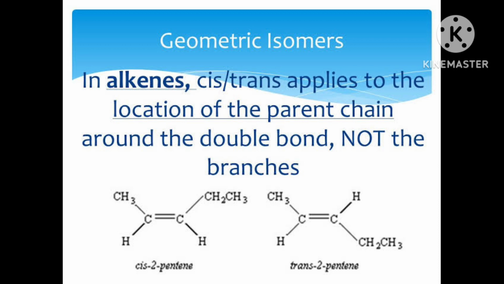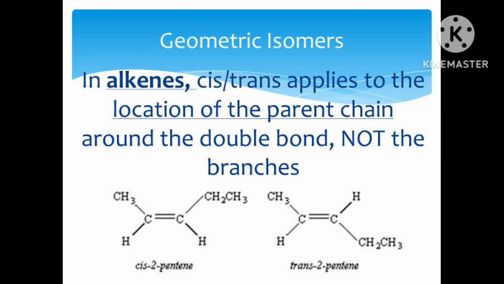Then this I have told you: the stereoisomers cis and trans are called geometrical isomers. The stereoisomers of this type, meaning cis and trans positions, are called geometrical isomers.